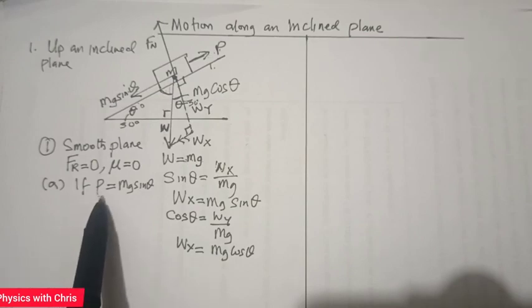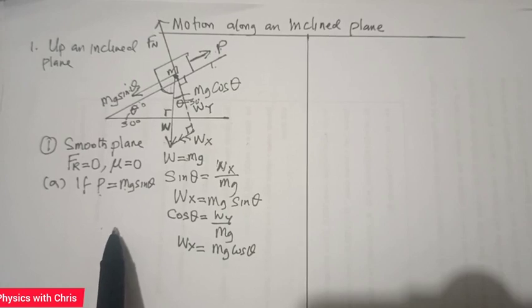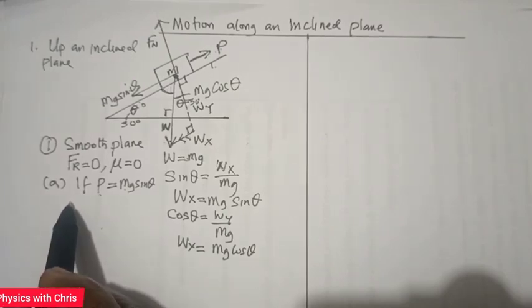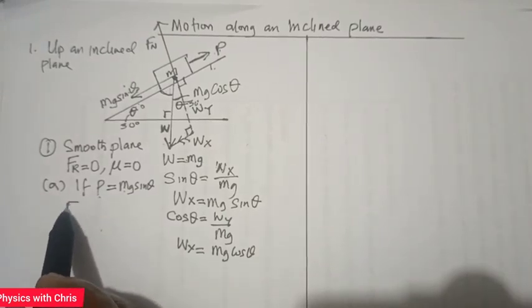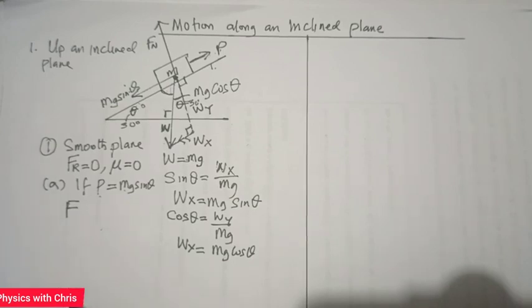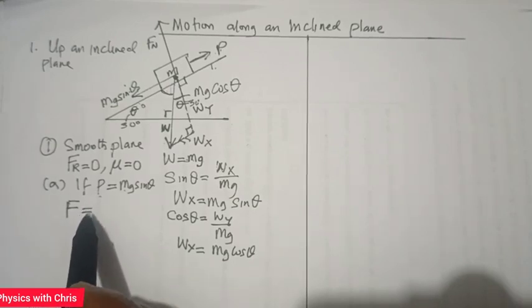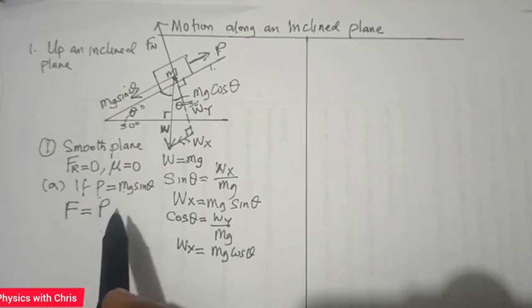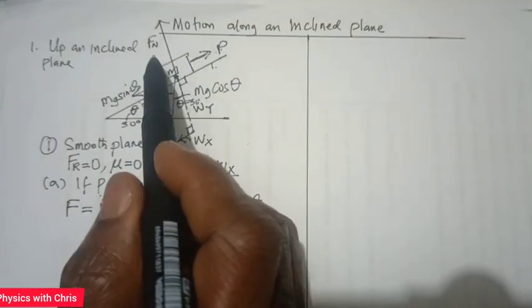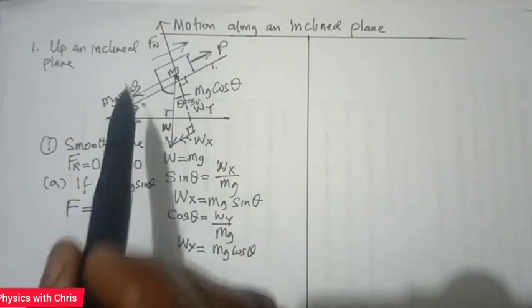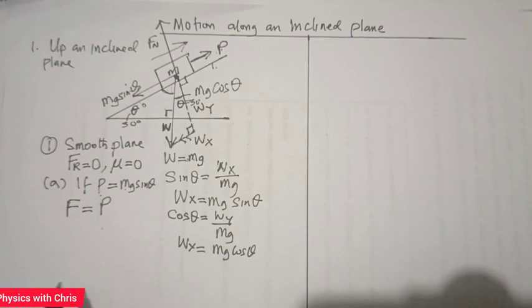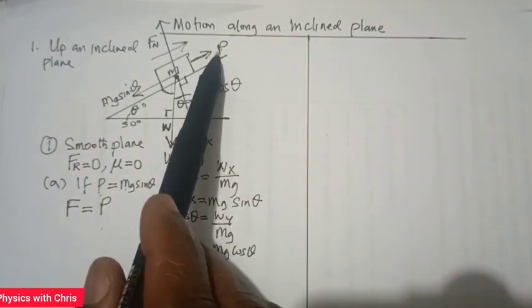If force P equals mg sine theta, that's a case where the resultant force on the body, let me use F as a symbol of my resultant force, is the difference between the force acting in the direction of motion, because this is the motion of the block up the plane. So this is in the direction of motion.